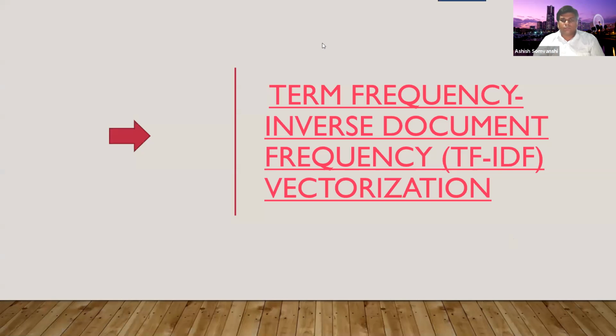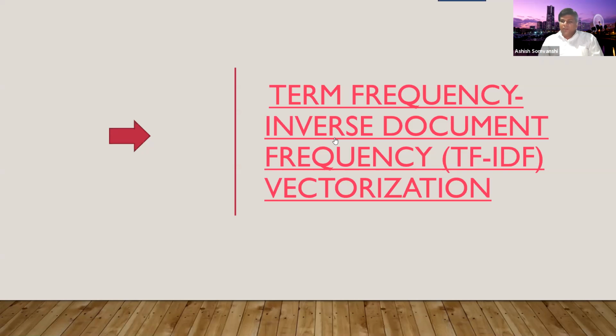Term frequency is all about the token frequency: how many times the token appears in this particular data set and how it is related to others. The IDF, or inverse document frequency, deals with the number of documents, or the number of combinations of words we are trying to study here.